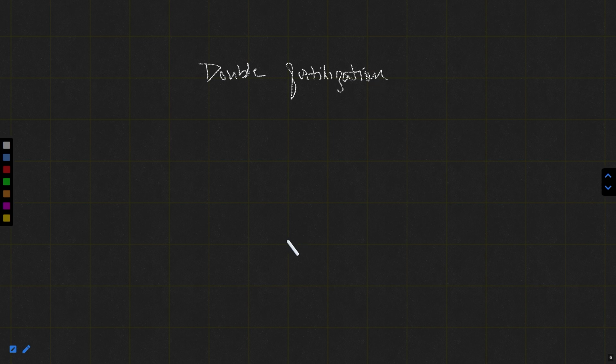So what is happening in double fertilization? Syngamy, which is the fusion of one of the male gametes with the egg, leading to the formation of the zygote.